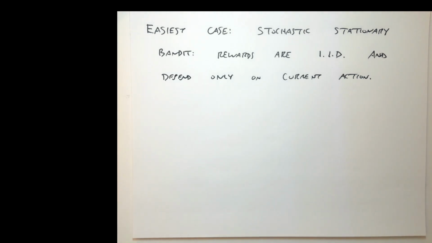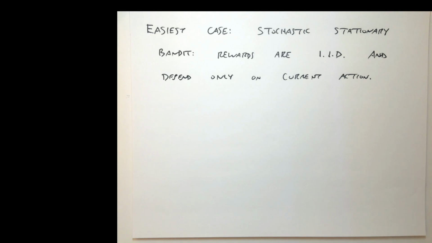For example, one easy situation is that when I pull the arm, it generates a random sample from a coin flip that has the same probability of heads every time I pull it. Or it could be a Gaussian distribution that has some mean and sigma, and it draws from that Gaussian distribution, right? That's the easiest situation, is that the arm does this consistent thing.